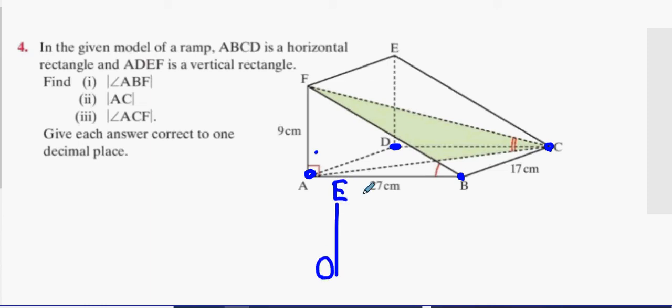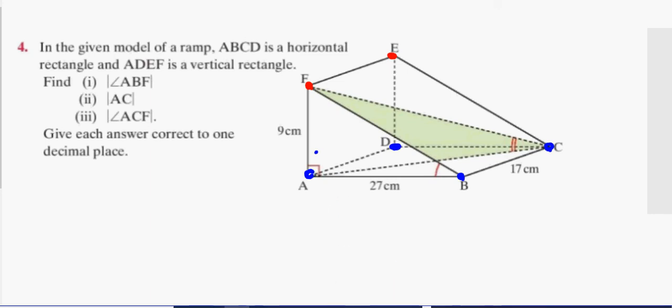When you go from a point that's above the ground and then you link to 2 points that are on the ground, that's always 90 degrees. Does everybody get that? The blue points are on the ground, the red points are above the ground. And if you have a red point that links onto 2 blue points, that means that triangle is going to be right angled. Okay? Now, what does it want from us?